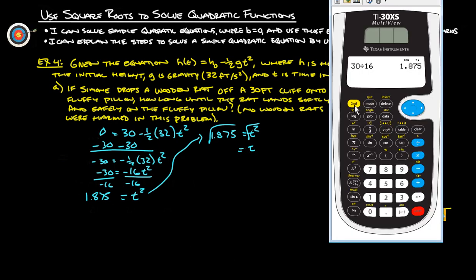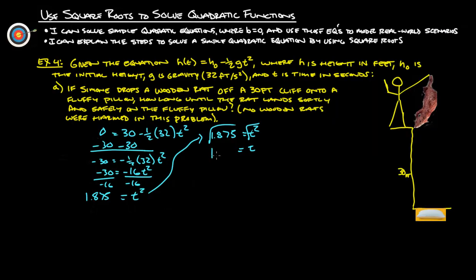We're going to just do second square root, and then instead of typing in 1.875, do second answer, which is the little negative sign down there, and that gives us 1.369. So let's call it 1.37 seconds. So time is about 1.37 seconds.